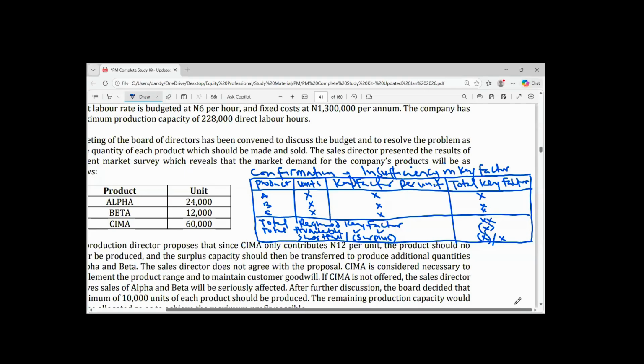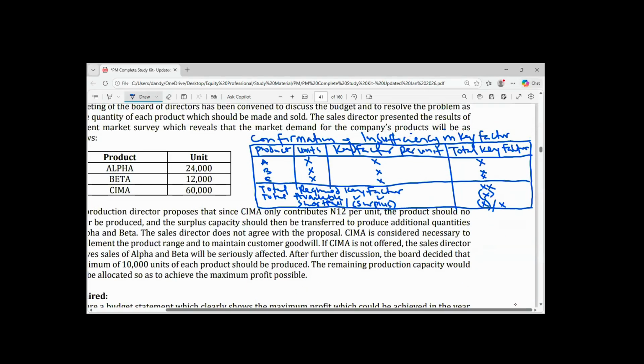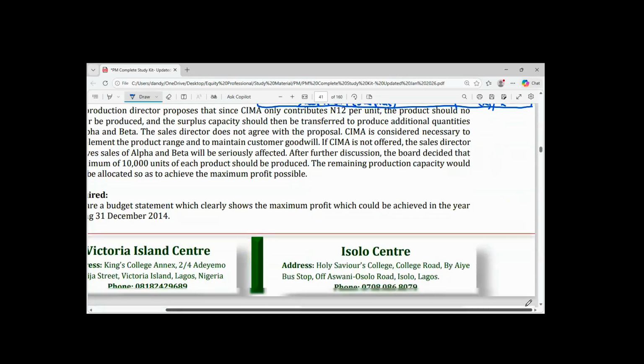Now, how do you then determine this key factor per unit? To calculate the material kilogram, for example, on the day of your exam, you are not going to be given material kilogram or labor hour. The examiner will give you material cost and labor cost per unit.